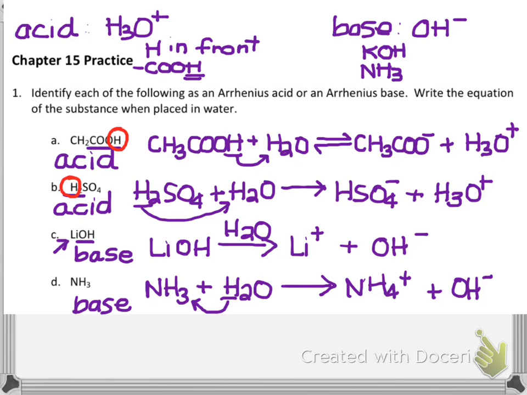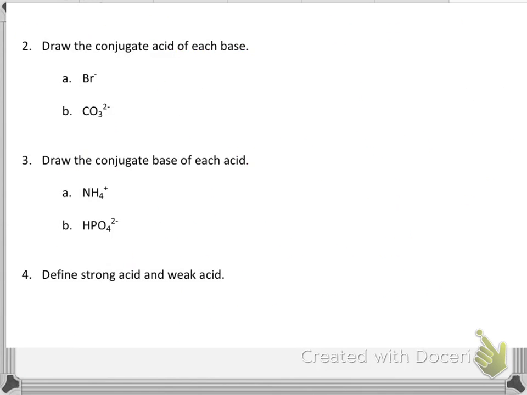Okay, so that's how we identify Arrhenius acids or bases, and look at the commonality or the things that they have in common in what the acids do in water and then what the bases do in water. Now, the second question, number 2 here, says draw the conjugate acid of each base. And then number 3 is the conjugate base of each acid.